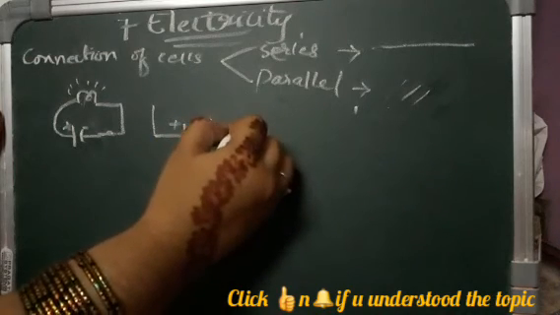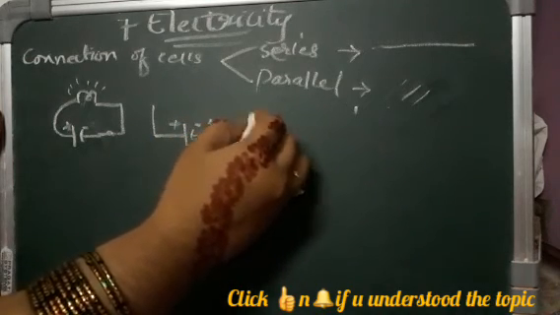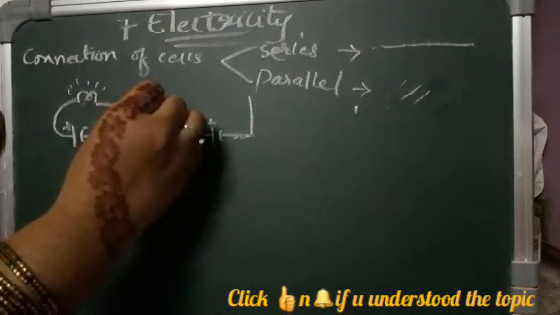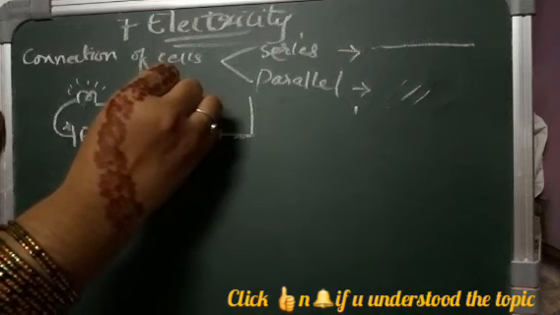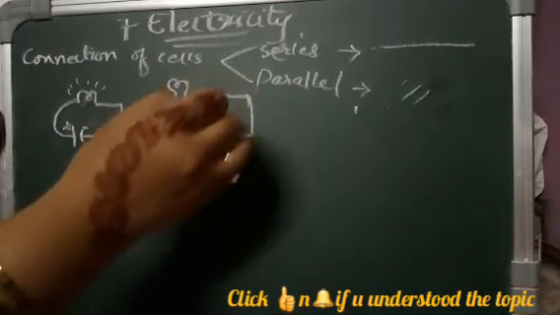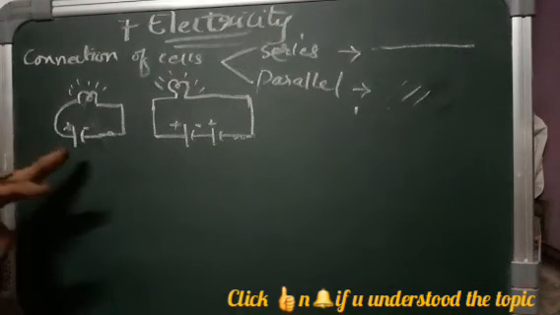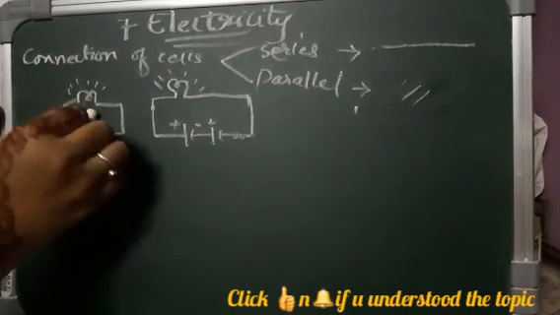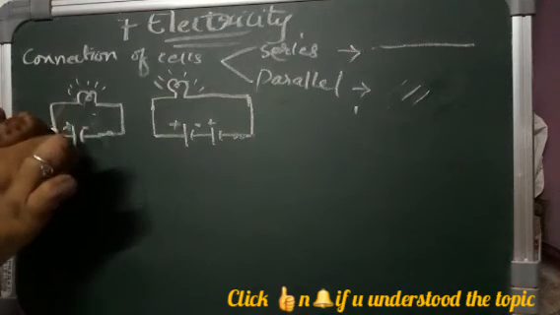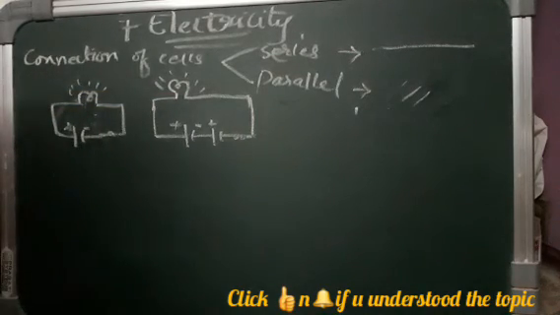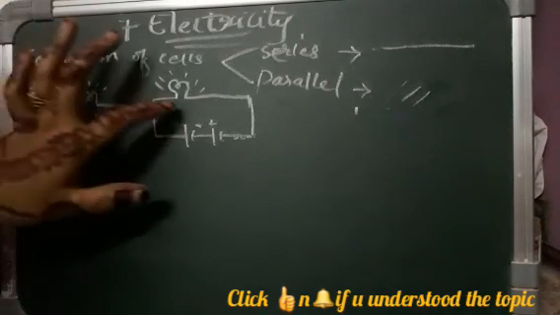Now allow the current to pass through this, and see at what intensity the bulb is glowing. Compared to the earlier one, this will be much brighter. The intensity of light increases.